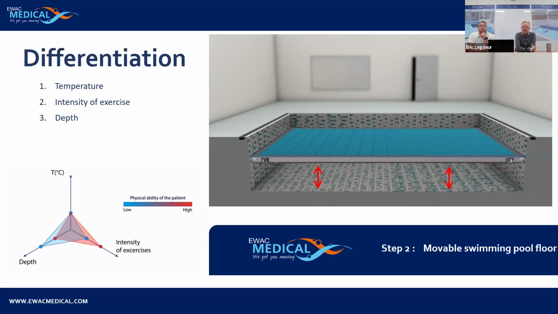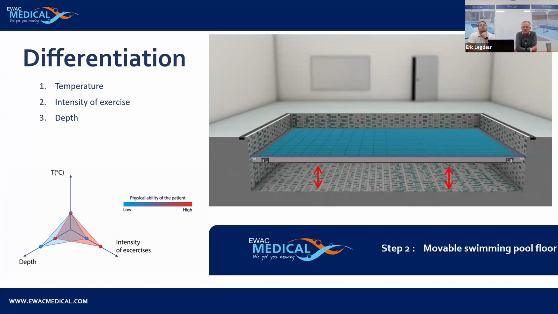So with introducing a movable floor, we basically have 3 degrees of freedom, and you can see that on the left bottom: the temperature, the depth, and the intensity of the exercise. And now we can look at the physical abilities of the patient, if they are high or low. A highly able patient will probably be able to train at a lower depth and with a higher intensity of the exercises.